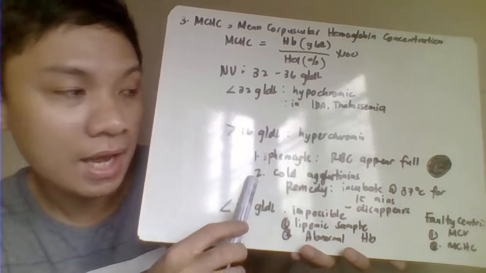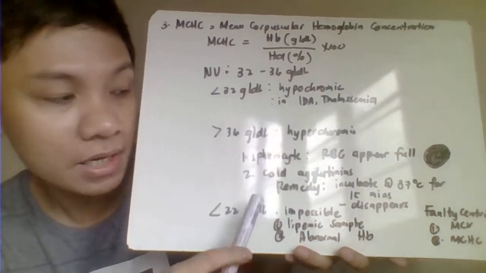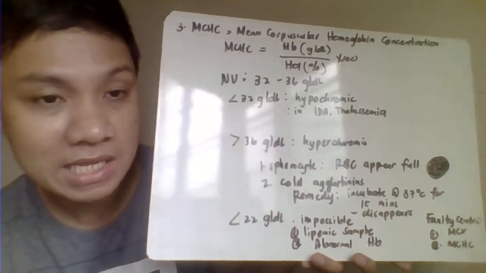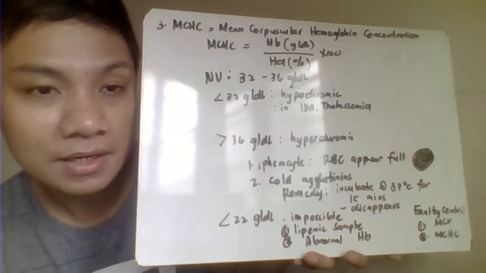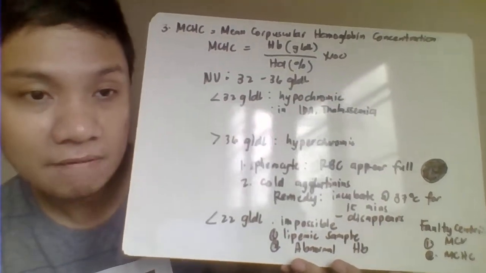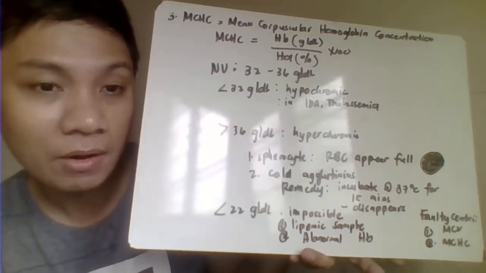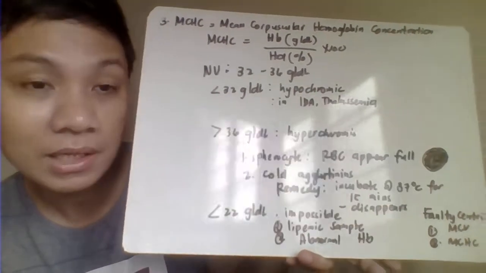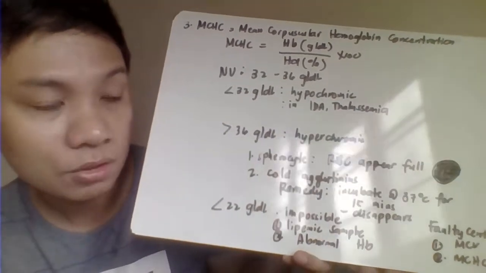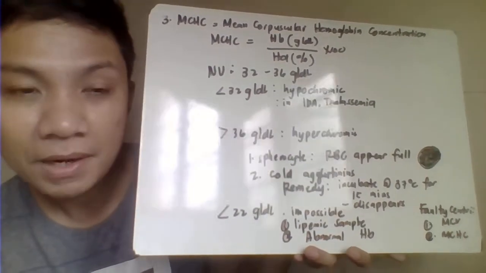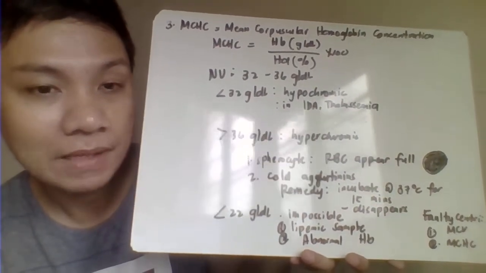Another one, more than 36 grams per DL could also be found in cold agglutinins. The cold agglutinins are antibodies which are reactive at cold temperature. To rule out the presence of cold agglutinins, we just need to incubate your blood at 37 para ma-warm siya for 15 minutes.